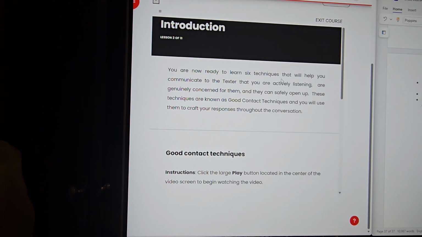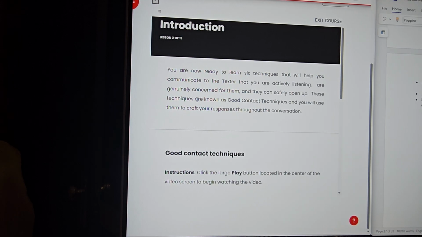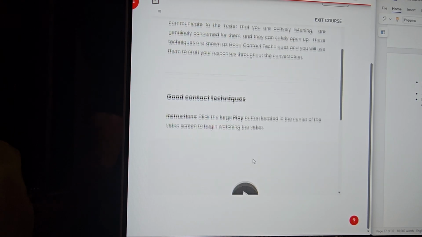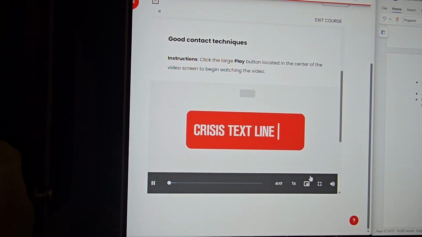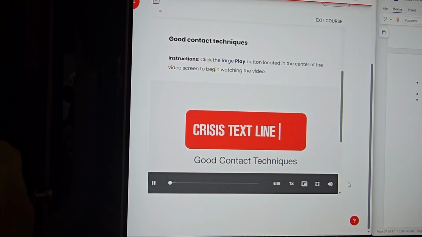You are now ready to learn the 6 techniques that will help you show the texter that you are actively listening and genuinely concerned for them, and help them feel safe to open up. These techniques are known as the good contact techniques, and you'll use them to craft your responses throughout the conversation. Let's watch the next video for this, please.